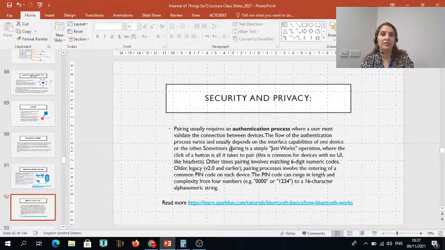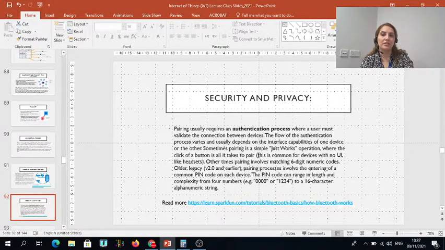Sometimes pairing is a simple, just works operation, where a click of a button is all it takes to have the pairing done. And sometimes it's more than that, and you are required to enter a PIN. Sometimes that PIN is a random number, and that means you have an extra cautious, extra security layer added.